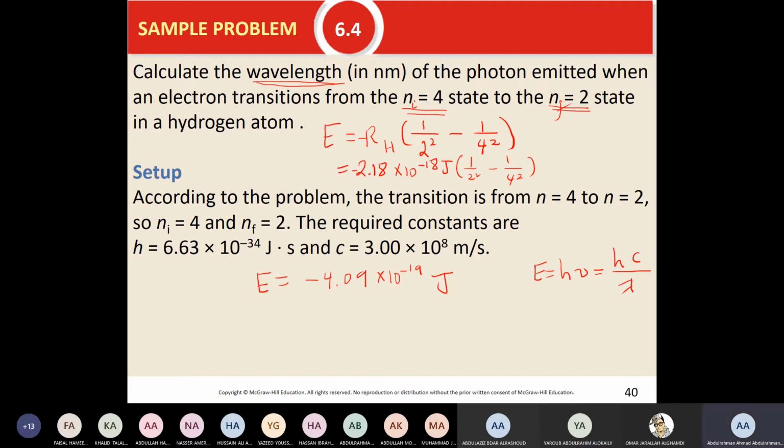So if I want lambda, it equals what? hc over E. hc over E. You have E here. This is h, and this is c. Go ahead and calculate what's lambda.